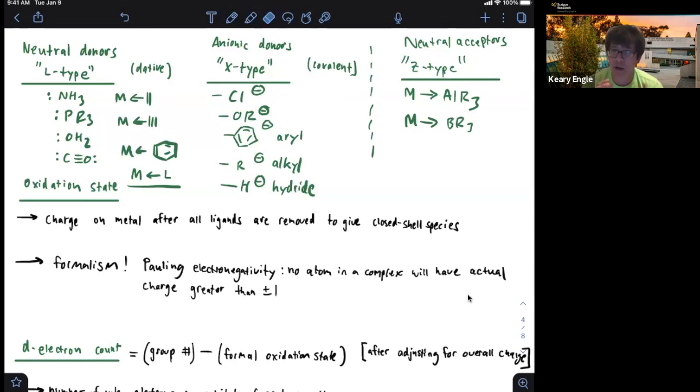And we won't cover these in much detail, but I want you to know that they're out there. And then the key point from an electron counting perspective is that Z-type ligands don't bring any electrons to the party. They just engage in forming an associative interaction with this filled d orbital on the metal. So when it comes to electron counting, you won't count the Z-type ligands as donating electrons to the overall electron count.